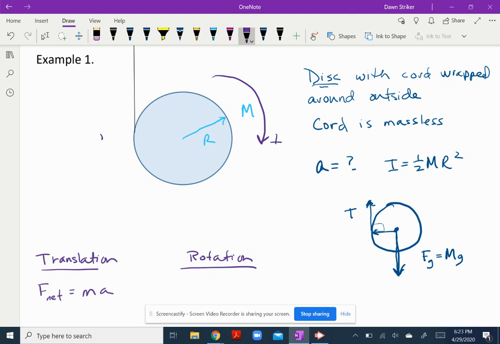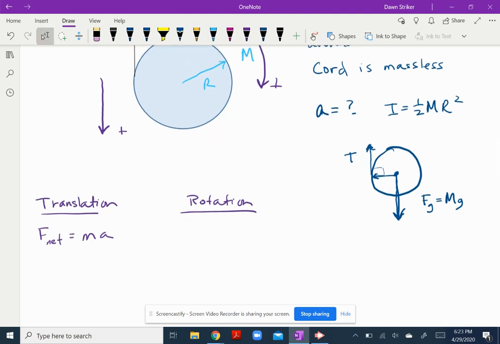And I also know that it's going to be translating downward. So I'm going to call down positive. So the downward force is the force of gravity, mg. The upward force is tension. Those are the only two forces, and I need to subtract them because they're pointing in opposite directions. mg is going in my positive direction, so mg minus T equals ma.